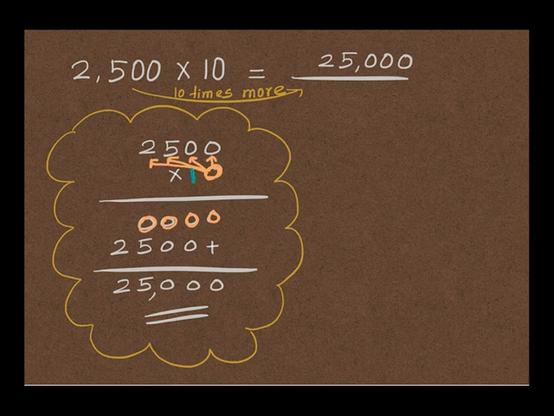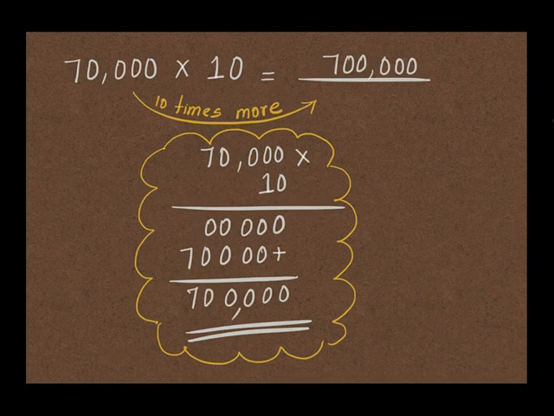Then we have to multiply with the other number. 1 times 0 is 0. 1 times 0 is 0. 1 times 5 is 5. And 1 times 2 is 2. Then we have to add all the numbers and find the answer. So this is multiplication.